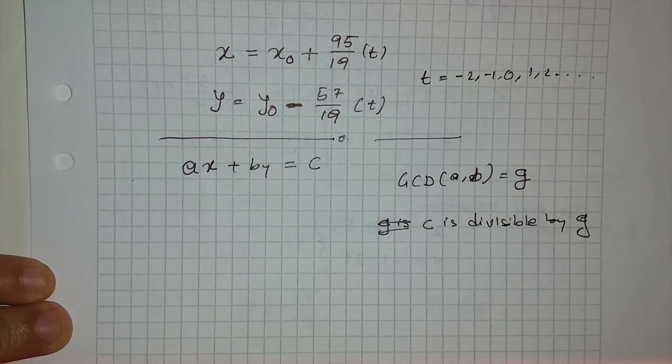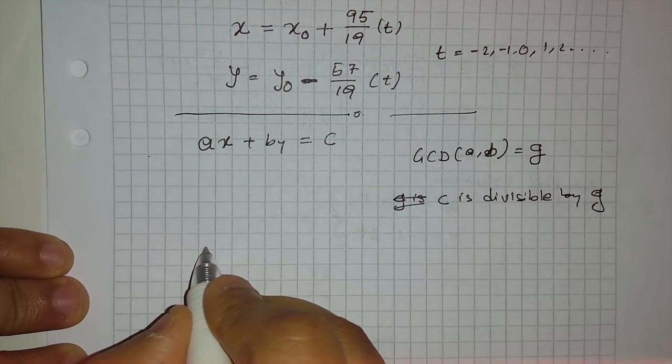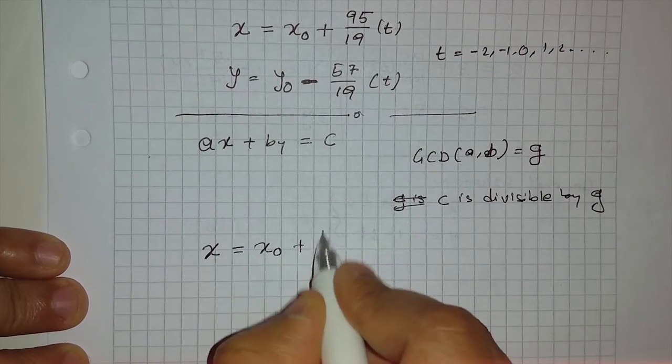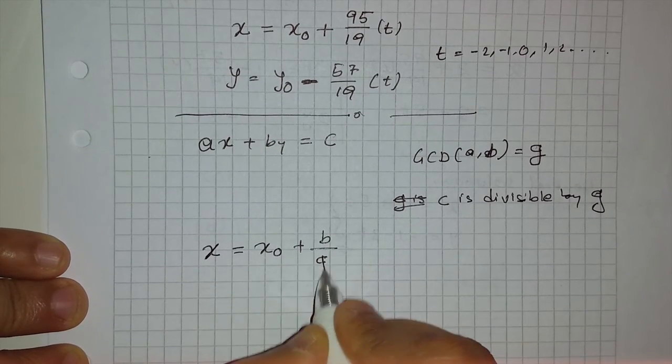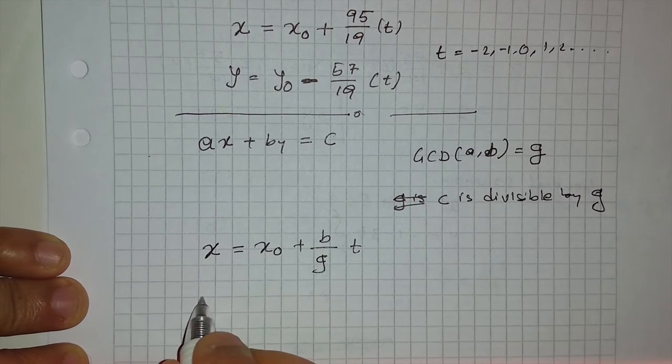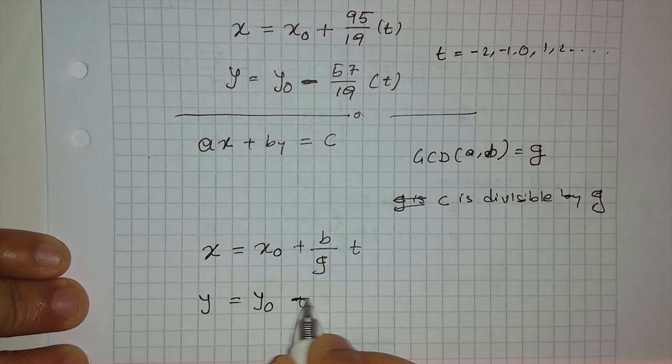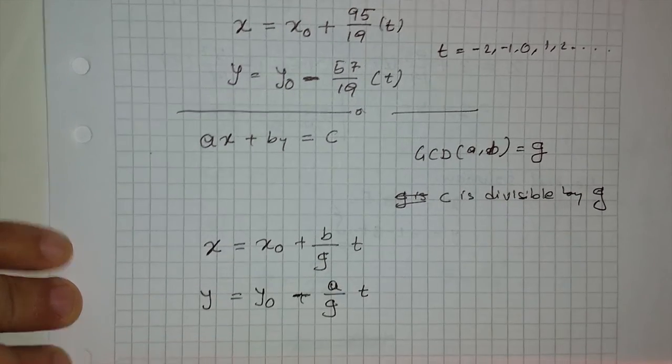So therefore the equation is solvable. Now what is the solution of this problem? The solution is x equals x naught plus b over g times t, and y equals y naught minus a over g times t.